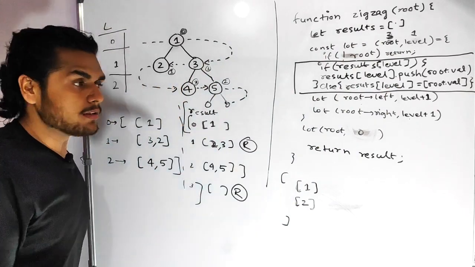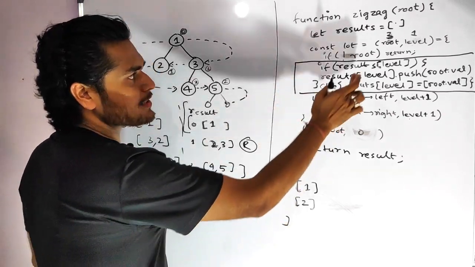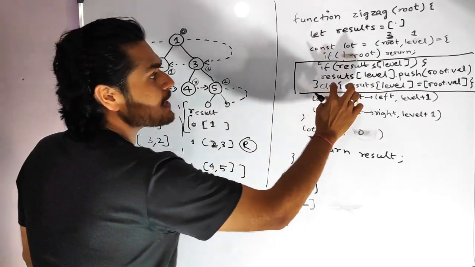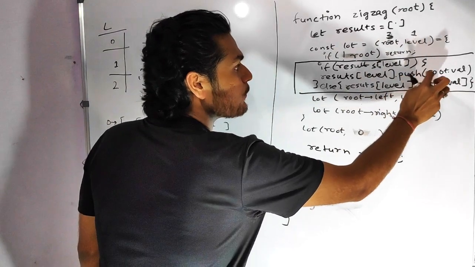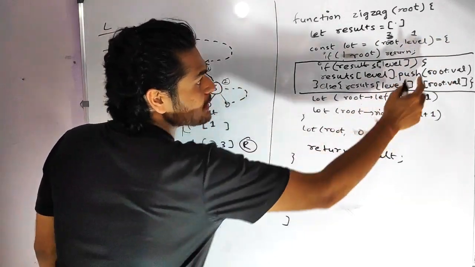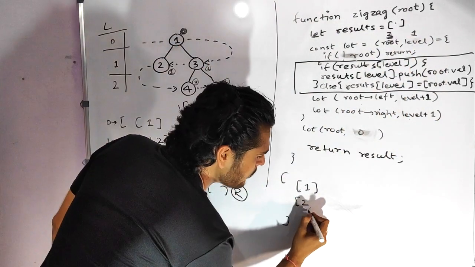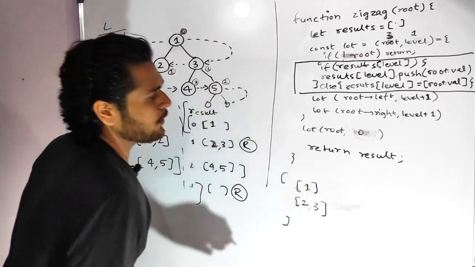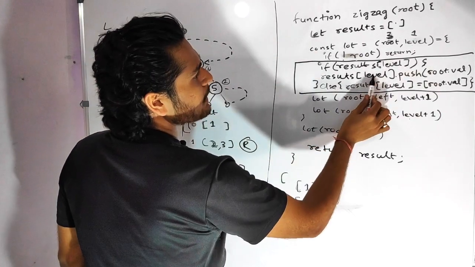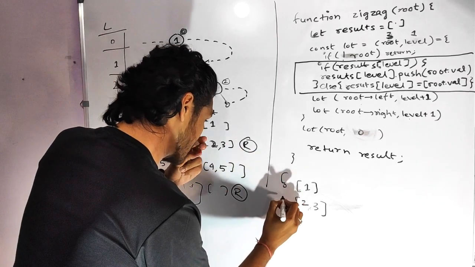Yes, this time results of level is there, so this condition will pass. Now it will do results of level dot push, so it will push root.val 3 into this bucket itself, bucket number 1, level 1. It will push it like this.